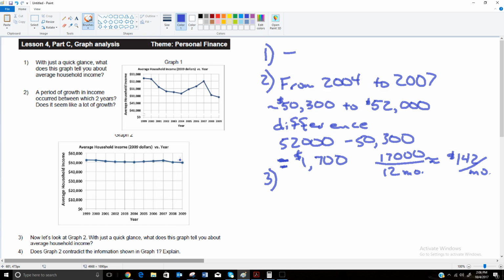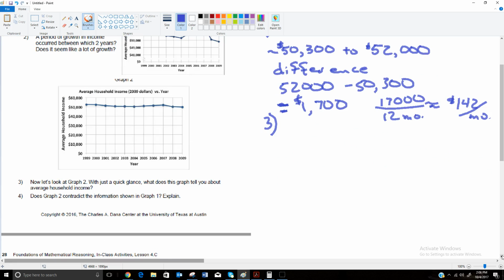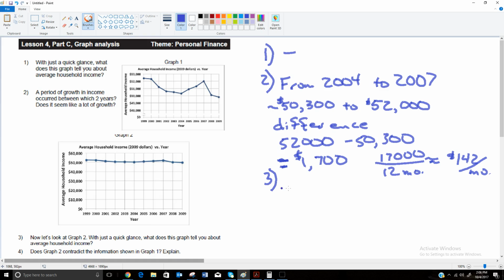Does graph 2 contradict the information shown in graph 1? Well, I don't know if I would say that, and let's write down an answer here.